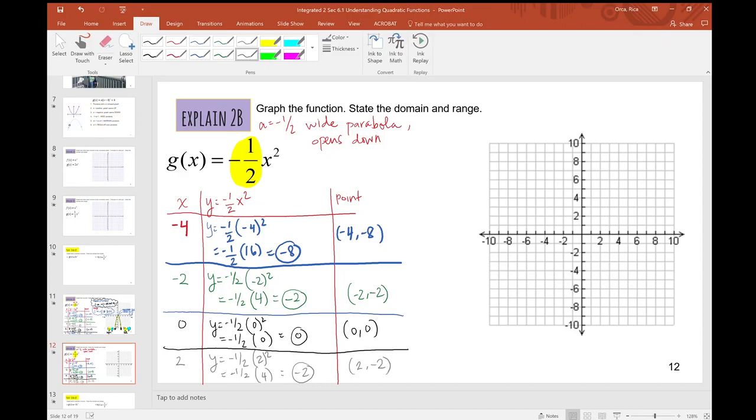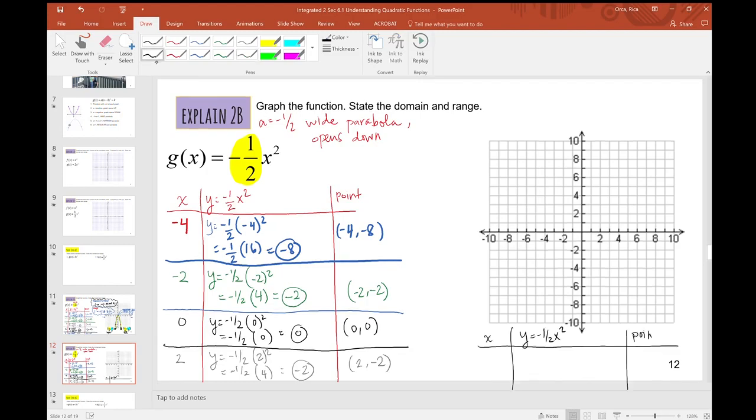And I ran out of room, so I'll continue my table on the right side. When x equals 4, y equals negative 1/2 times 4 squared. 4 squared is 16, and negative 1/2 times 16 is negative 8. So our fifth point is at 4 comma negative 8.